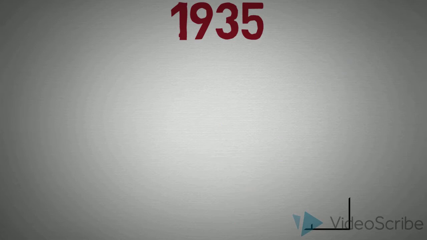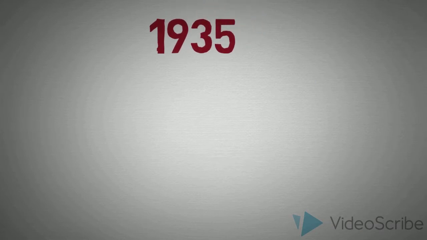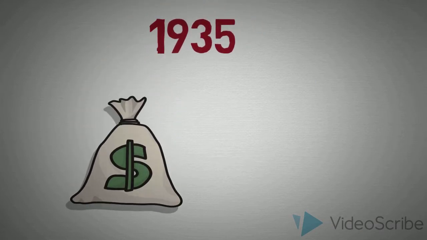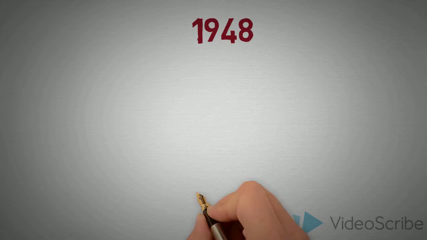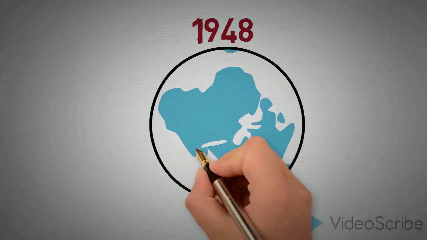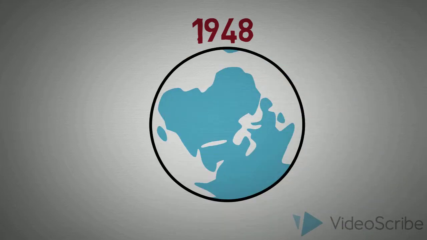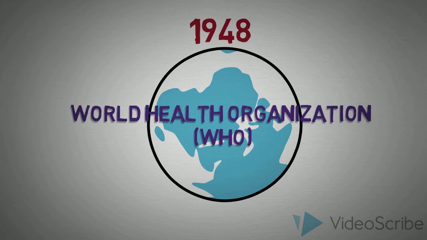The Social Security Act increased funding for public health services, giving federal grants to the states so they could develop their own health services. In 1948, the World Health Organization, or WHO, was founded.